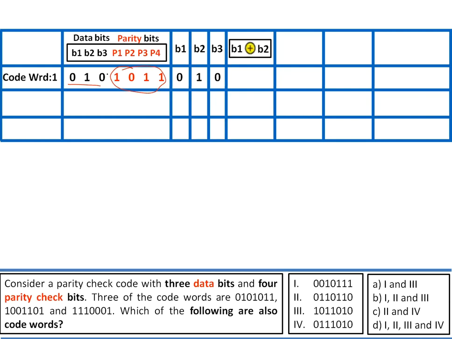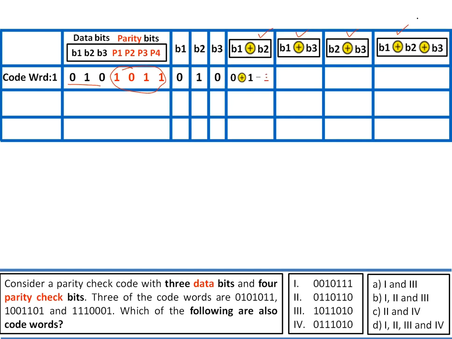So B1 XOR B2, B1 XOR B3, B2 XOR B3. These are the combinations from which they can prepare these 4 bits: a 2-bit combination, a 2-bit combination, and a 3-bit combination. Likewise they are prepared, guys. The combination you have to check is 1011.